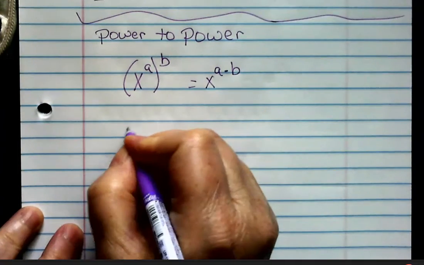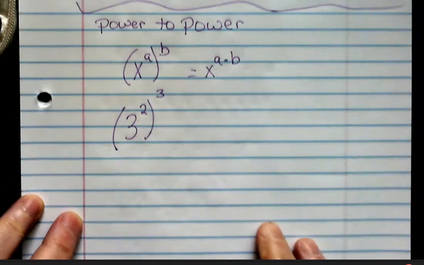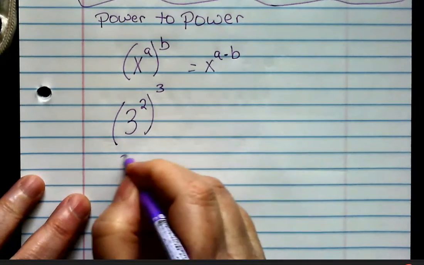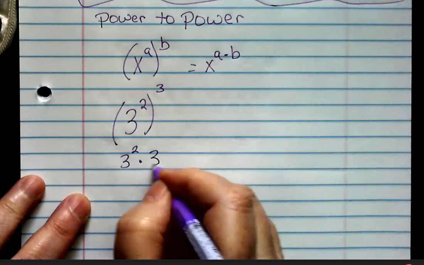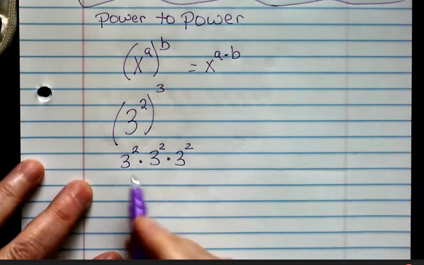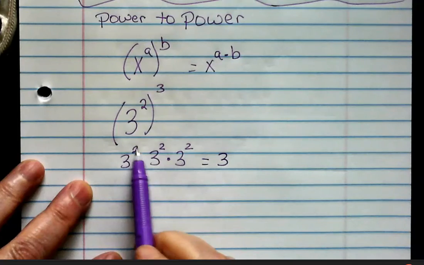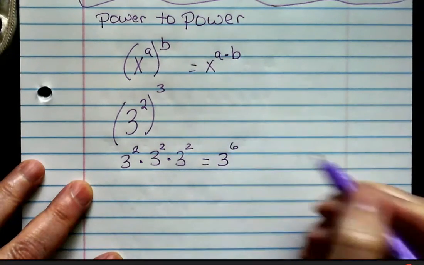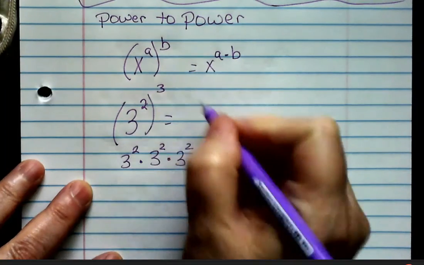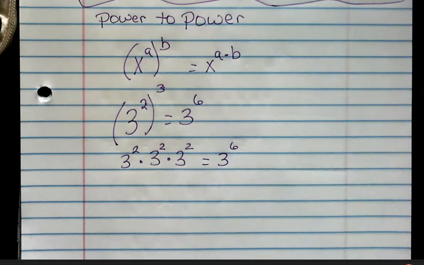Let's say that I had 3 squared to the third power. That means I have 3 squared times 3 squared times 3 squared. Bases are the same. Add your exponents. 2 plus 2 plus 2 is 6. Now, if I just multiply these together, 2 times 3 is 6. So a power to a power, you just multiply them.